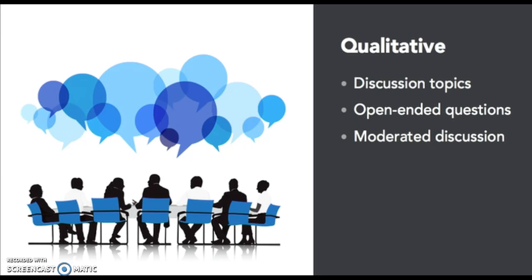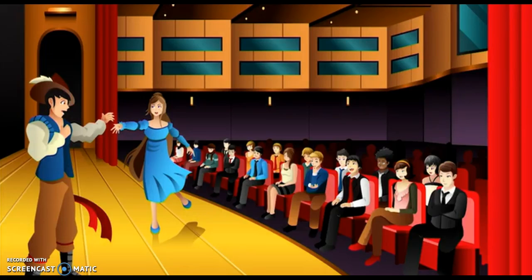Also, of course, you need the moderator to be able to control the focus group and get the ones that are talking too much to maybe talk less, and the ones that are usually shy to get them to talk. And also, the moderator needs to know the verbal language, not only the verbal but the non-verbal language, how they are expressing themselves, if they are frowning or they are smiling or they are nodding to what other people are saying. So that is also a good way of getting information.